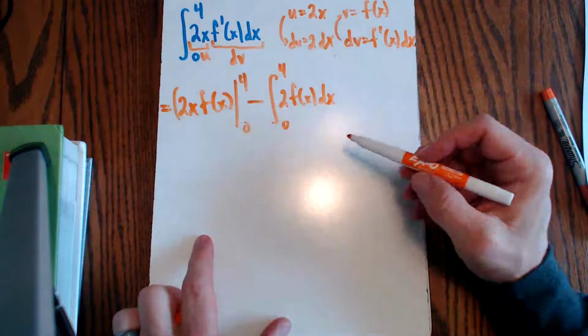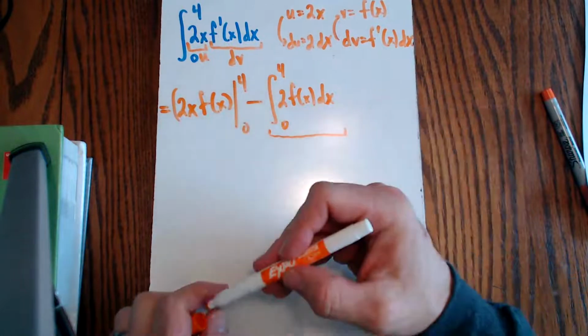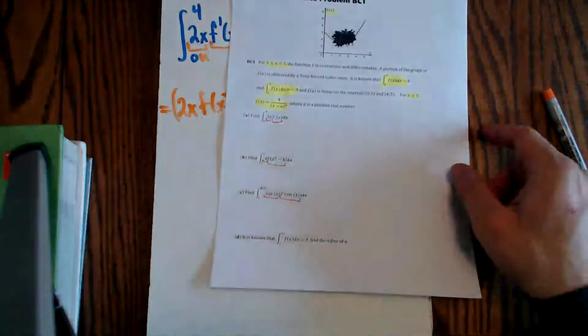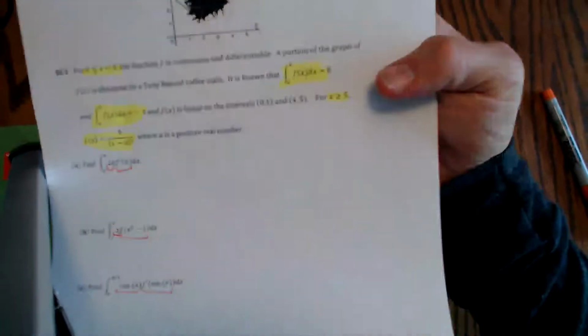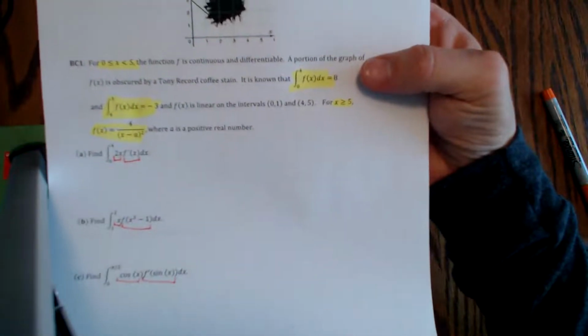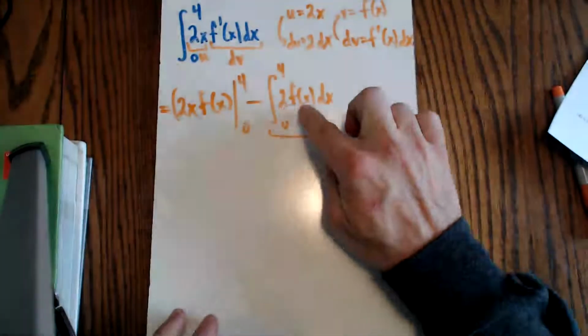If you check it out, this second term, you pretty much know it. You'll have to do just a slight little something, because in the given part of the problem, they said the integral from 0 to 4 of f is 8. And this says the integral from 0 to 4 of 2f.